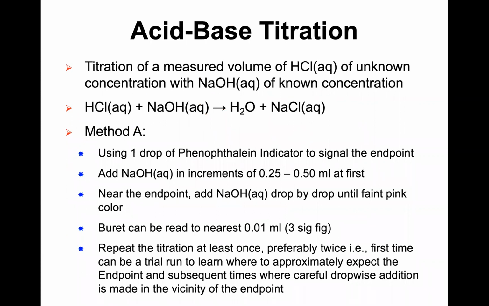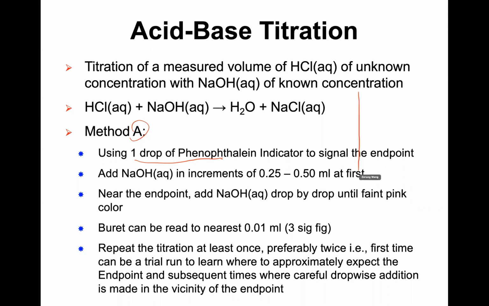Now, this is the titration of a measured volume of hydrochloric acid of unknown concentration with this solution. You can use two methods. Method A is to use one drop of the indicator, and you add the sodium hydroxide in increments. For the titration, you need a stand.